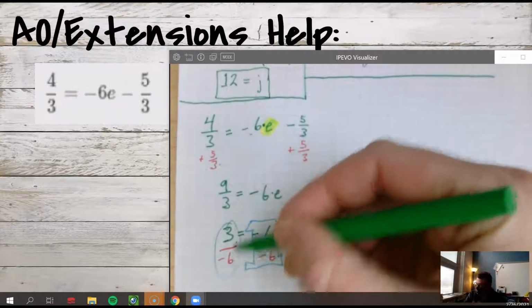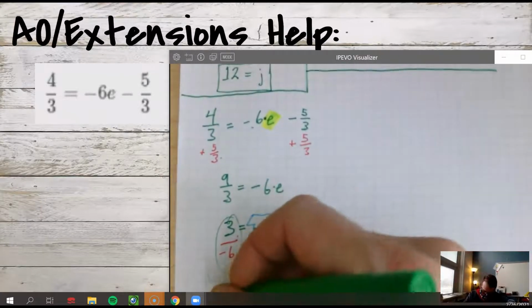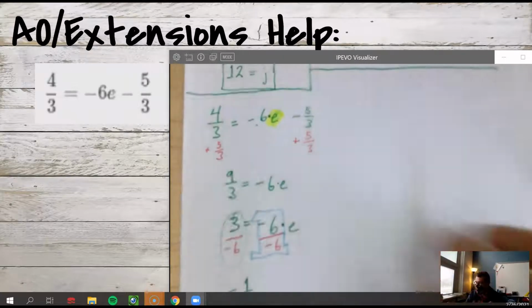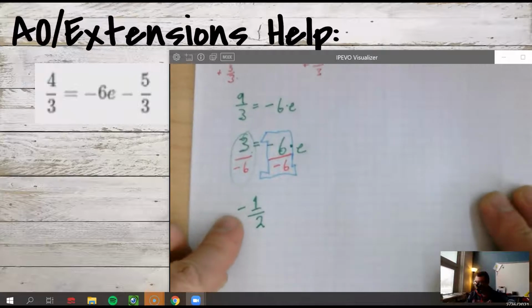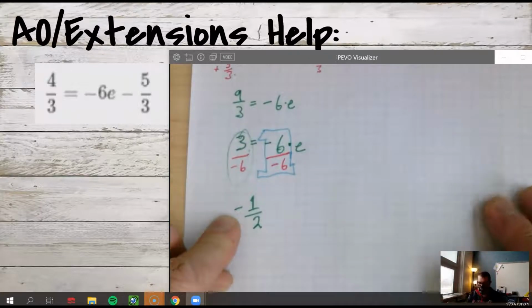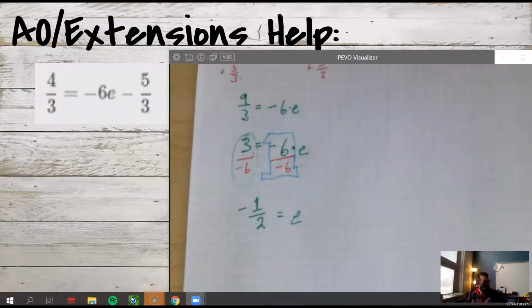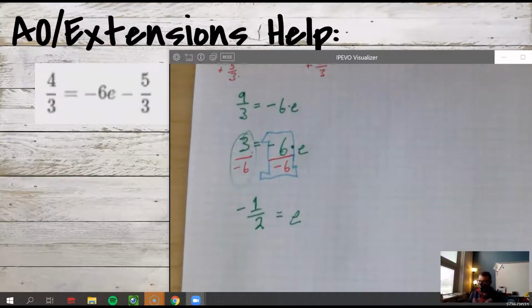So really, I think about 3/6 reduces to 1/2, and we have to make sure we bring the negative. I like putting the negative in front or on top, as opposed to on bottom. It's not very good to keep the negative in the bottom of a fraction. It's just not very nice.